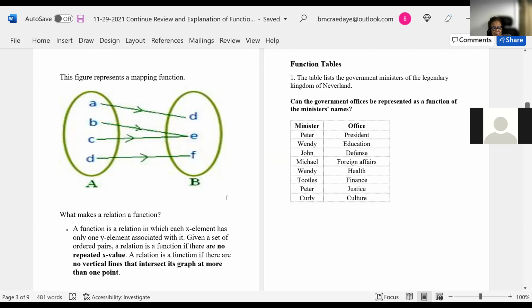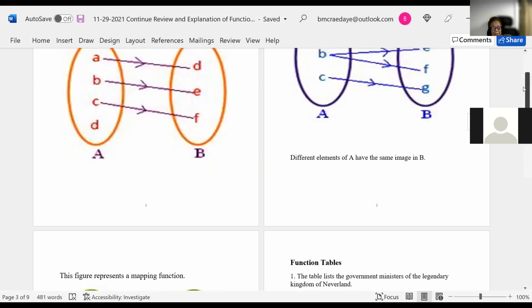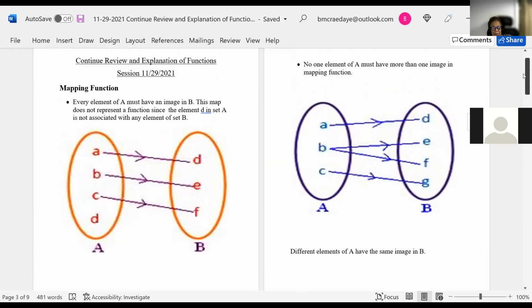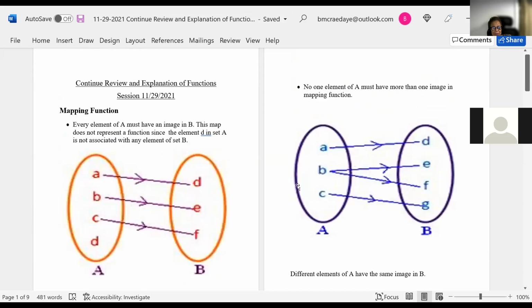Got it? Okay, let's look at the next one. Does this represent a function? Yes? Why? It's connected to, you say this represents a function?